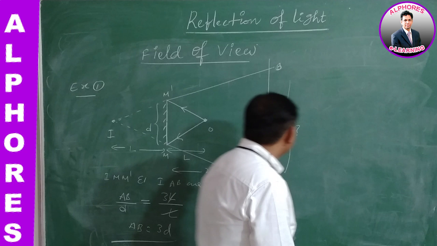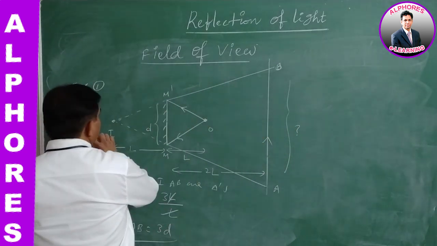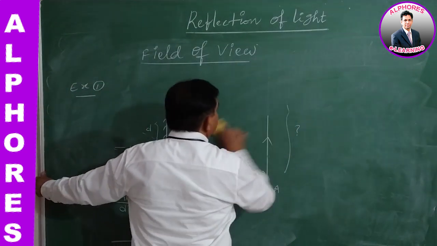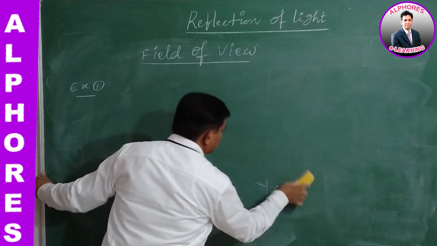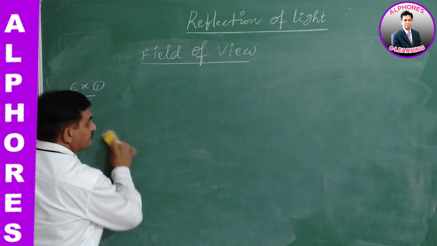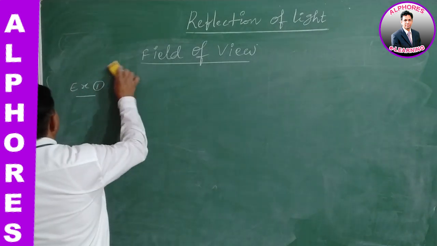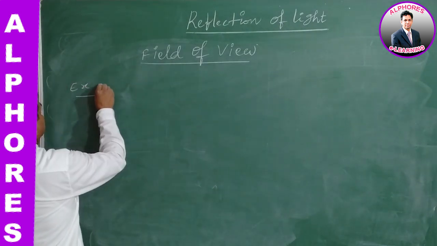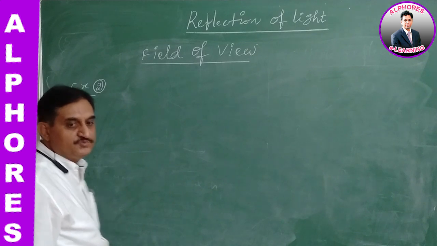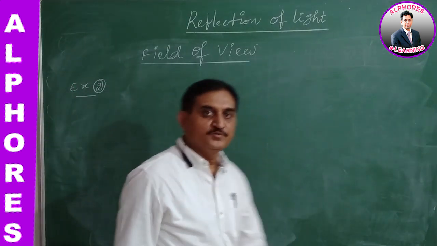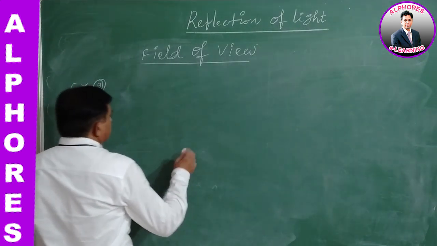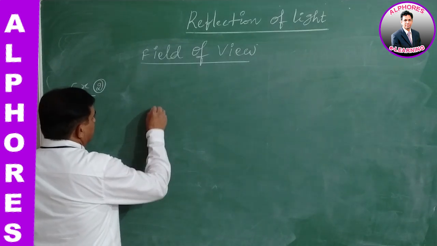And one more problem relevant to this field of view. Let us move on to it. Problem number 2, based on the field of view. Let us consider a plane mirror.